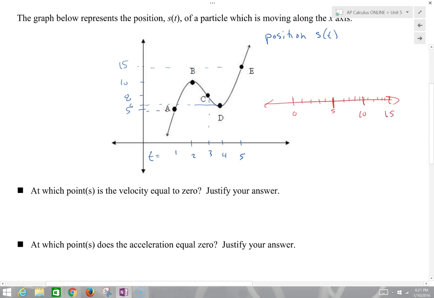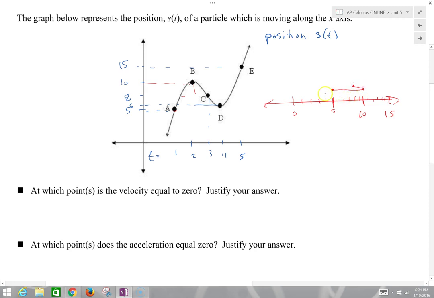At time equals 1, the particle is at 5. And at time equals 2, it has moved in this direction and gone all the way up to 10, right there. Then you can see it decreased and went back to 8.